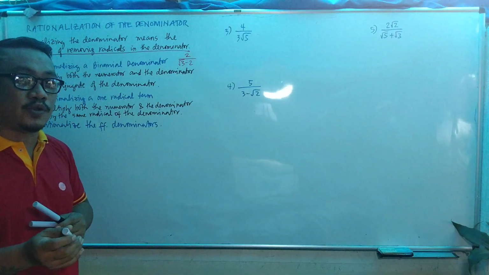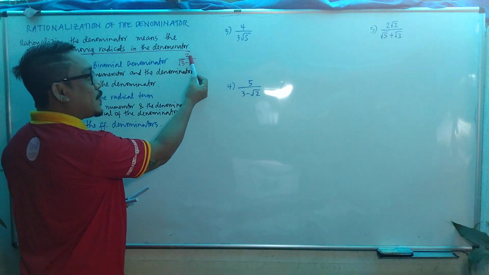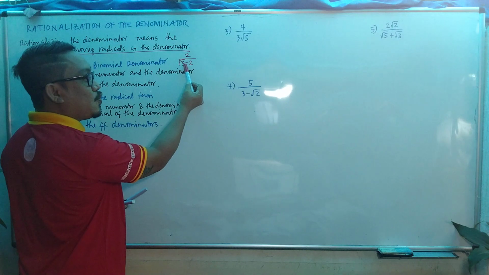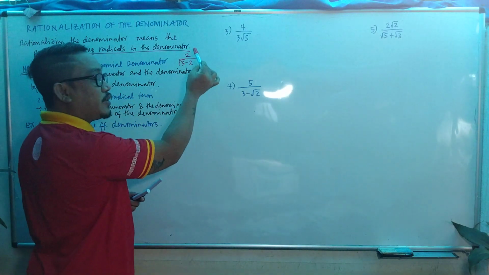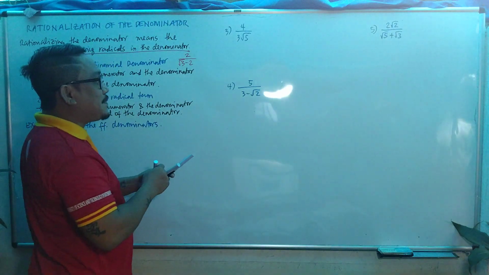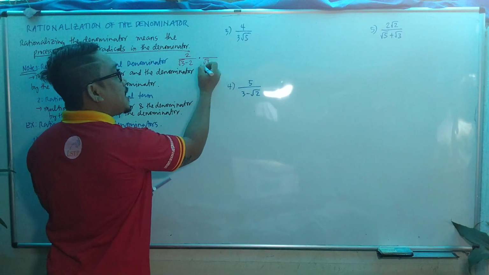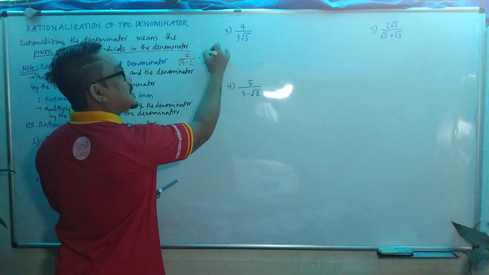For example, 2 over square root of 3 minus 2i. We multiply both the numerator and the denominator by the conjugate of the denominator. So, we multiply by square root of 3 plus 2i, the opposite sign.